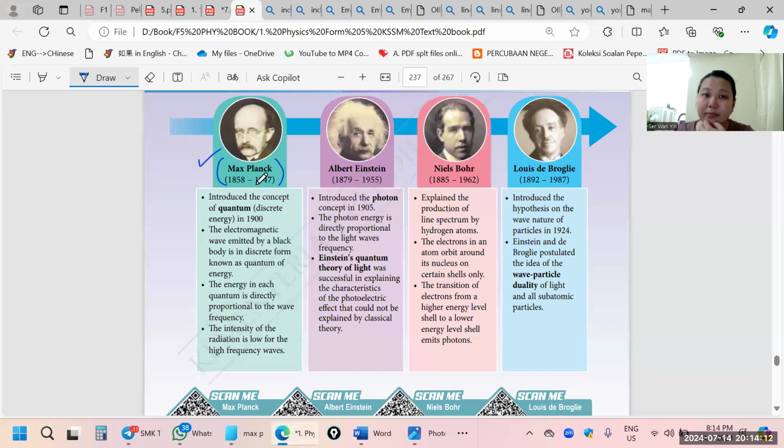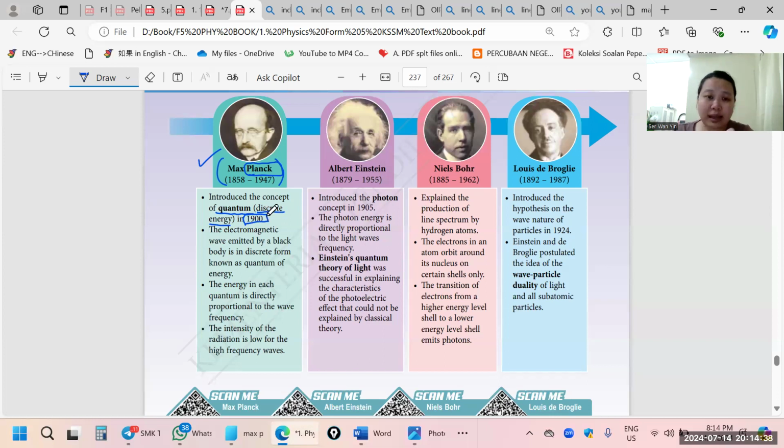Max Planck. In Chinese, he is called 普朗克. He introduced the concept of quantum, called discrete energy, in 1900.